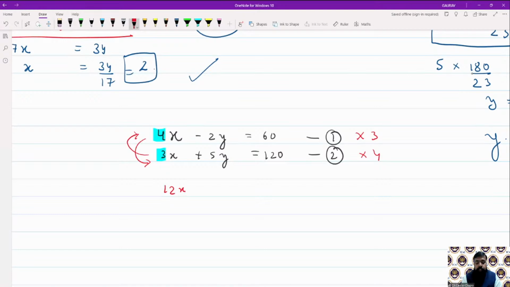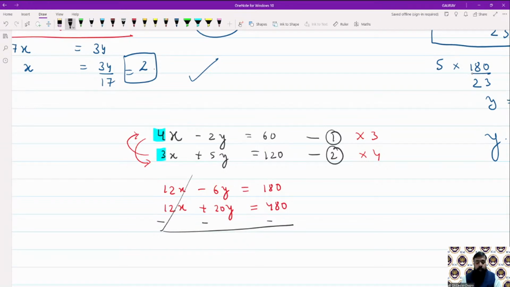So 12x minus 6y is equal to 120. And here also multiplying by 4, so 12x plus 20y is equal to 480. Now to cancel them, we have to subtract. So change the sign. 12 minus 12 is cancelled.